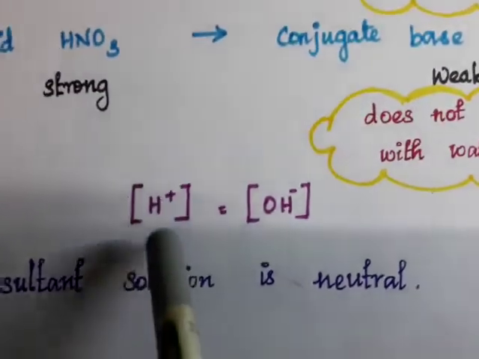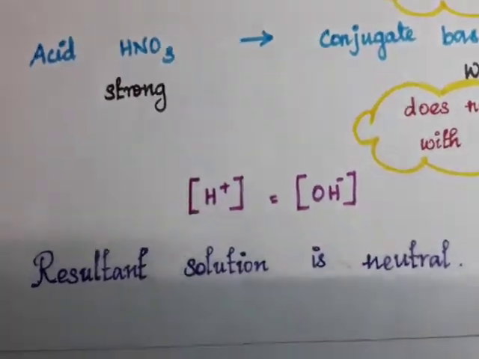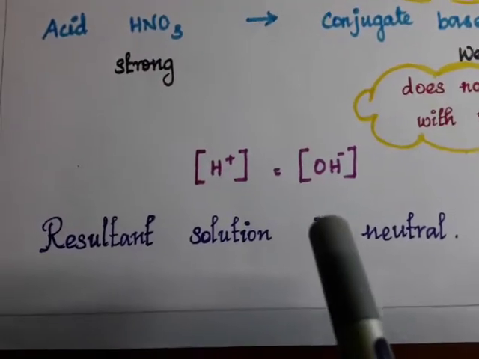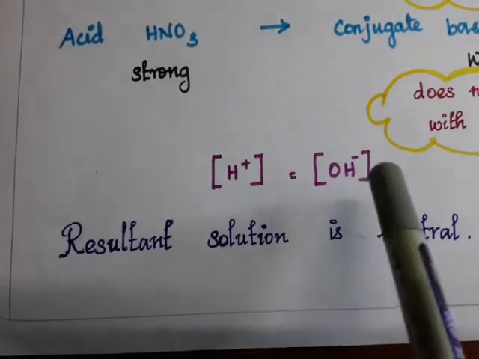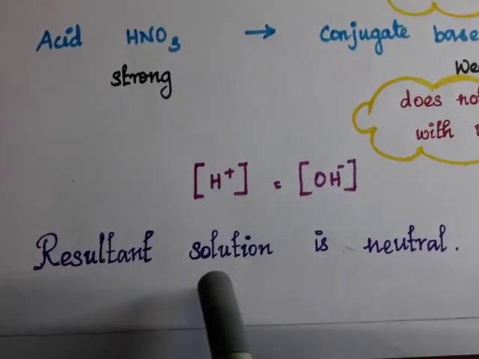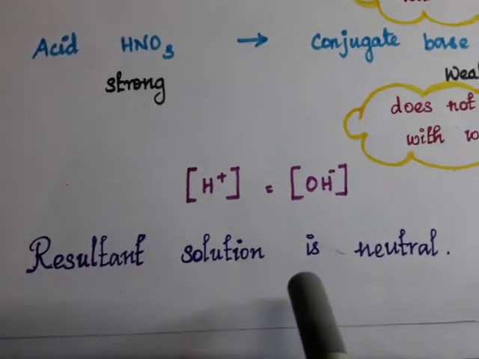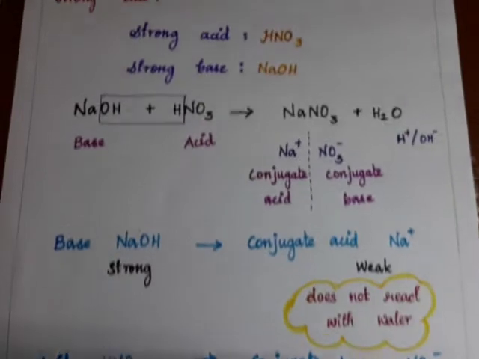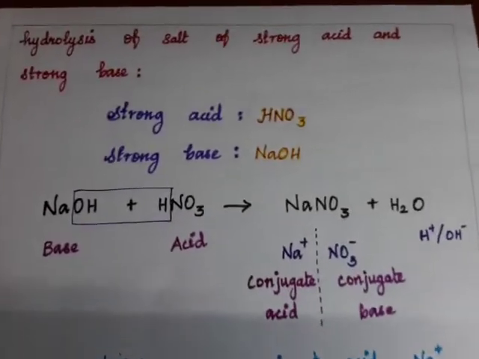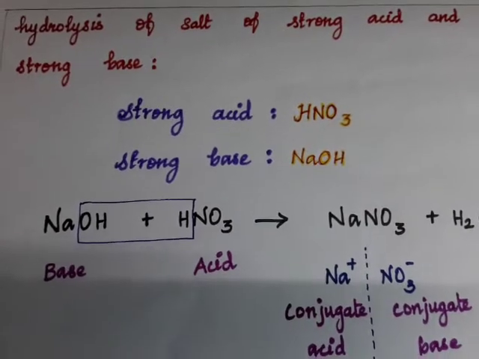So the concentration of H plus will be equal to the concentration of OH minus ion. If their concentrations are equal, the solution is neutral. The resultant solution is neutral. So this is hydrolysis of salt of strong acid and strong base.